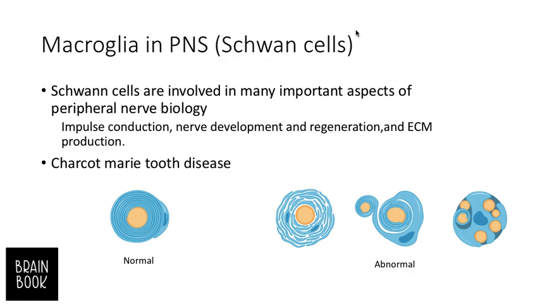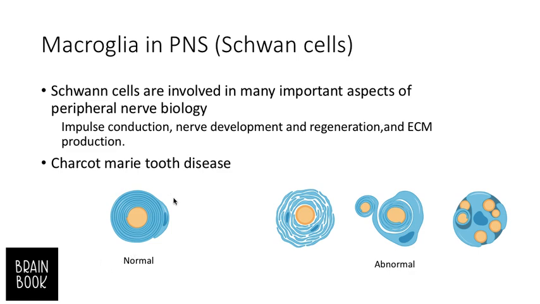When we have a defect in Schwann cells, the result in patients is called Charcot-Marie-Tooth disease. In this disease, patients have some problems in their skeletal muscles, and one phenotype which is apparent among patients is that their foot arch is higher and more distinctive than in normal people.